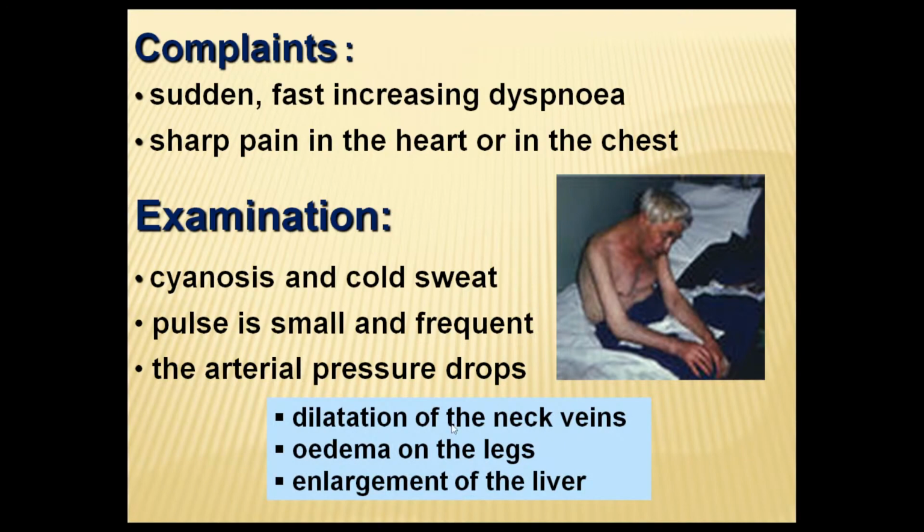I separate the problem which shows congestion of blood in the greater circulation. Why? I want you to understand, because when you read this material in some books, you can see that a patient with acute right ventricular failure is characterized by dilation of the veins, edema on the legs and enlargement of the liver. But I want you to understand this process is not sharp.